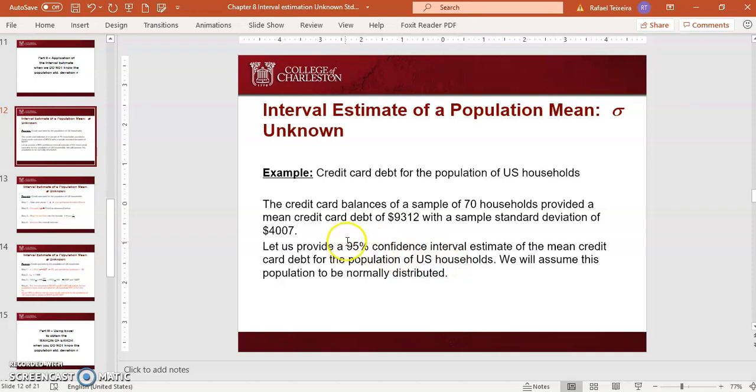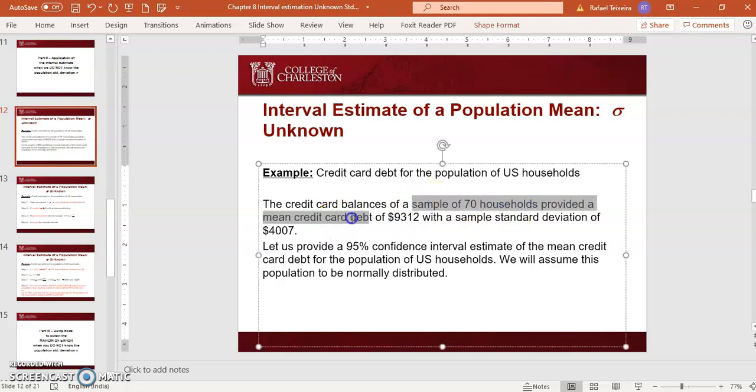Okay, so in this case, the problem is talking about a sample that has a mean and a sample standard deviation. In this case, we don't have the population standard deviation.